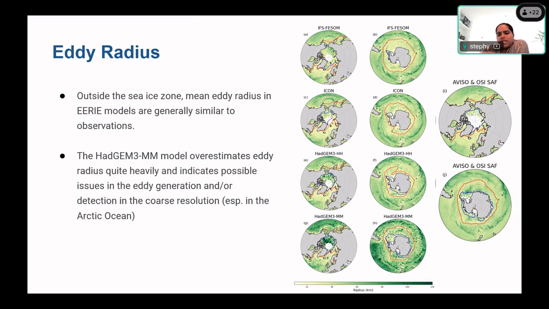But one of the main things that we noticed was some of the models seem to overestimate, mainly the Hadjim model in the medium resolution seems to overestimate the eddy radius in the polar oceans. And we don't know why that is happening, but it is one of the issues that we noticed.